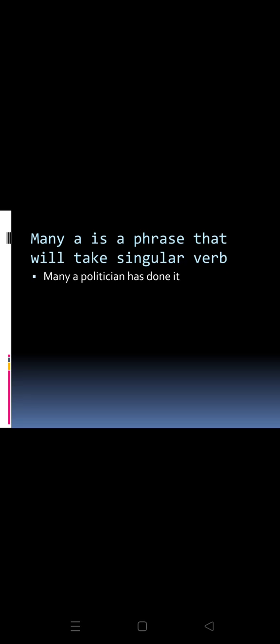And one more thing I would like to add: one of my friends is a good lawyer. So, one of my friends is, because I'm talking about one, and the verb should not go with "friends" here. You need to look at the phrase "one of my friends," so it is going to take a singular verb.